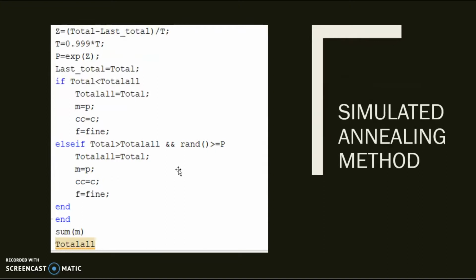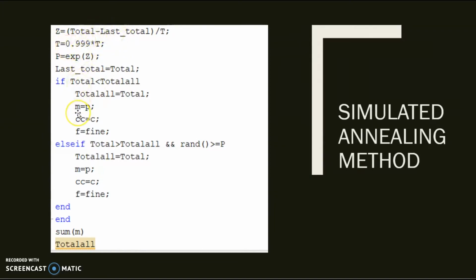Alright, and this is the last part, the simulated annealing method. As you can see, right here T is set, and every time it goes through an iteration, we multiply it by 0.999.